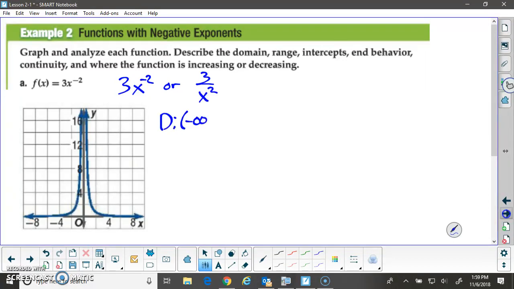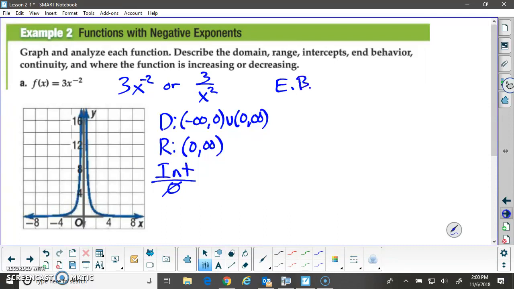So the domain of this function is all real numbers except for 0. The range of this function is greater than 0. Intercepts, this has no intercepts. There's no x or y intercepts. The end behavior, you can see that if you go to the left, you're going to get closer and closer to 0.